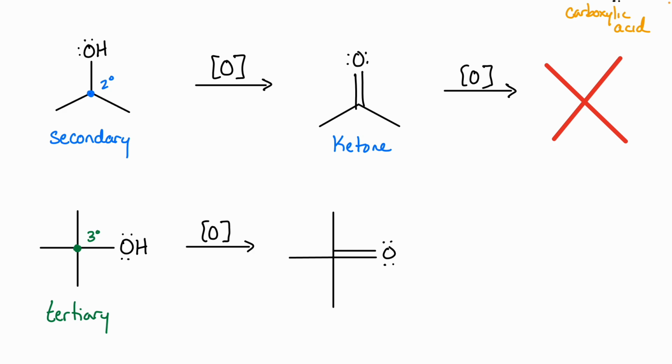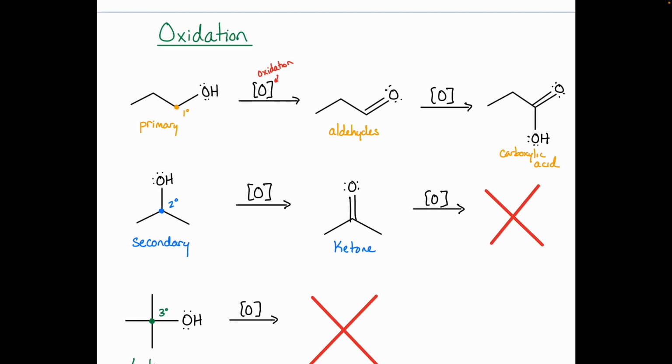I hope everybody's organic chemistry brain explodes looking at that because that carbon has way too many bonds, right? So absolutely, this thing does not exist. You cannot oxidize a tertiary alcohol for the same reason that you can't oxidize a ketone. There are no more hydrogens on that carbon to be replaced with oxygens. All right, so tertiary alcohols cannot be oxidized at all.